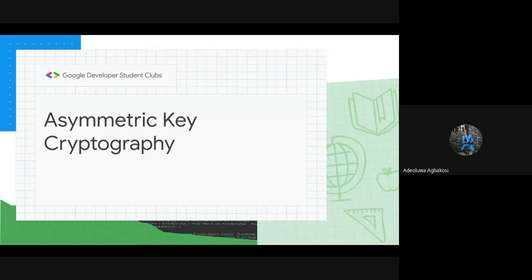Just know that it stands for secure shell, and it allows you to communicate between multiple devices over an unsecure network. So that's basically what SSH is.